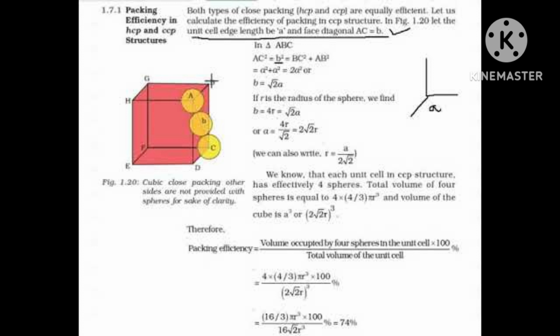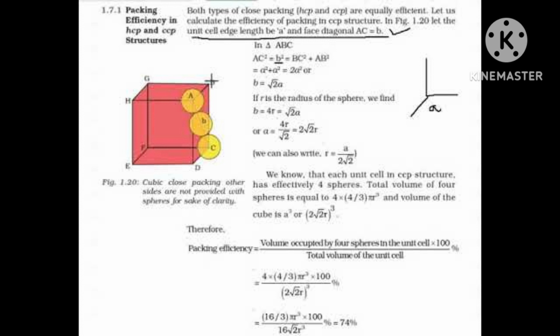This is the one triangle only you can consider. You know that a diagonal can make two triangles, because it is a square. Then you consider only triangle ADC. AC is the diagonal, AD is the perpendicular, and DC is the base.